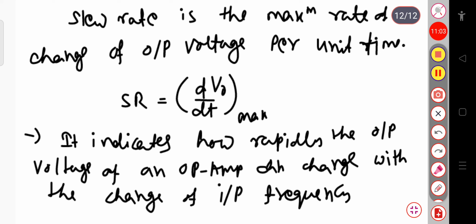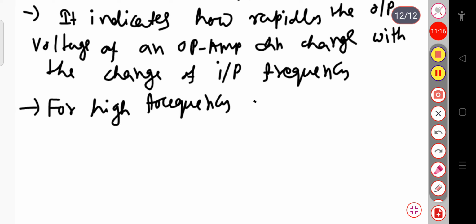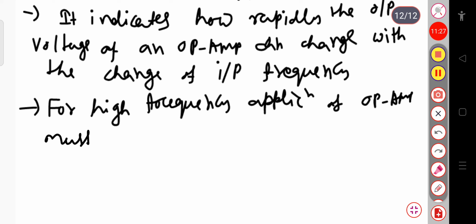Okay, now for high frequency applications of the op amp, the op amp must have a high slew rate.